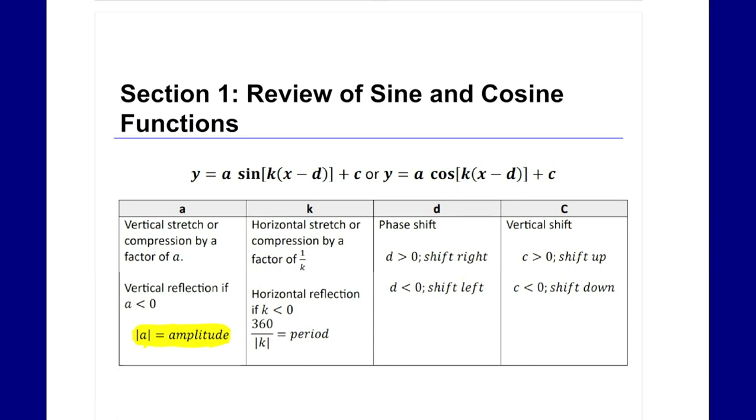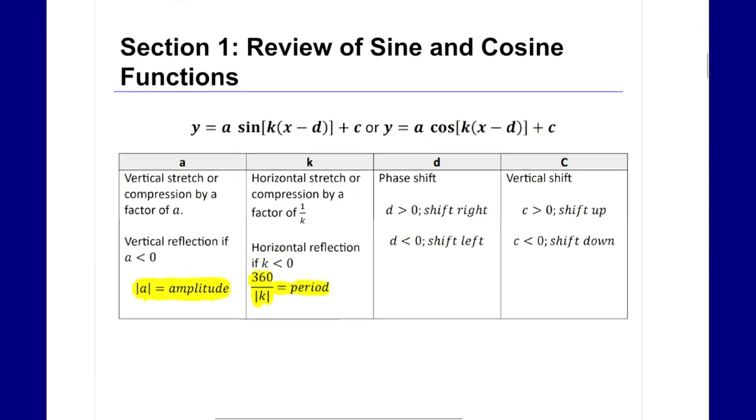So a tells us the amplitude, and we can use the k value to help us determine the period of our sine or cosine wave. The a, k, d, and c in terms of the general transformations is the same as all the other transformations we've looked at. But the a and the k telling us the amplitude and helping us determine the period was new.